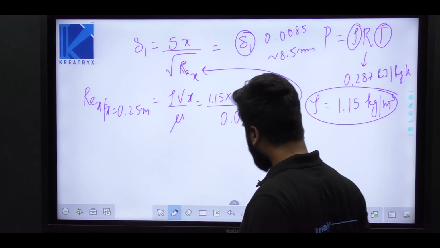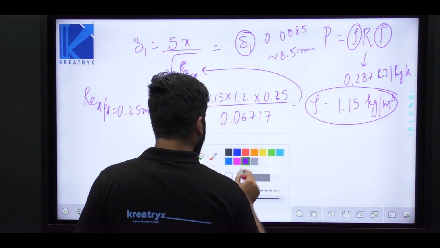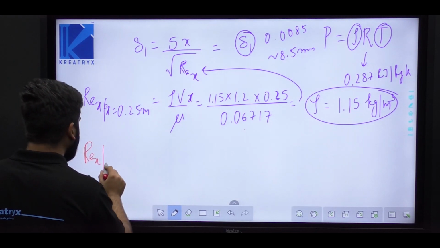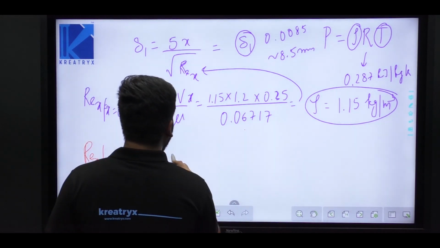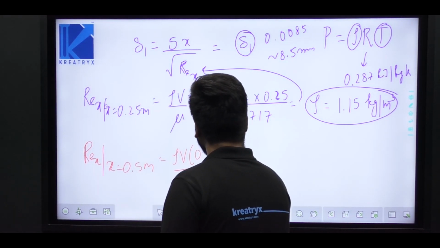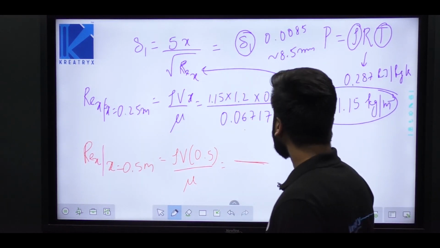Now find the Reynolds number at the second section, where the local Reynolds number Rex has x equal to 0.5 meter. This will be rho V times 0.5 upon mu. Again, you find the Reynolds number. I don't have the exact answer with me.